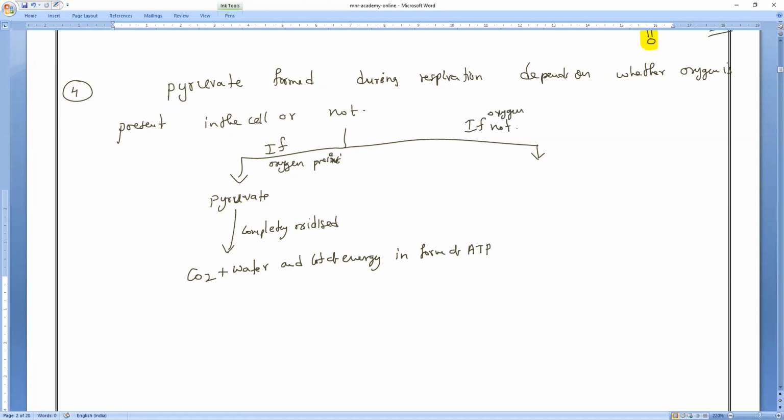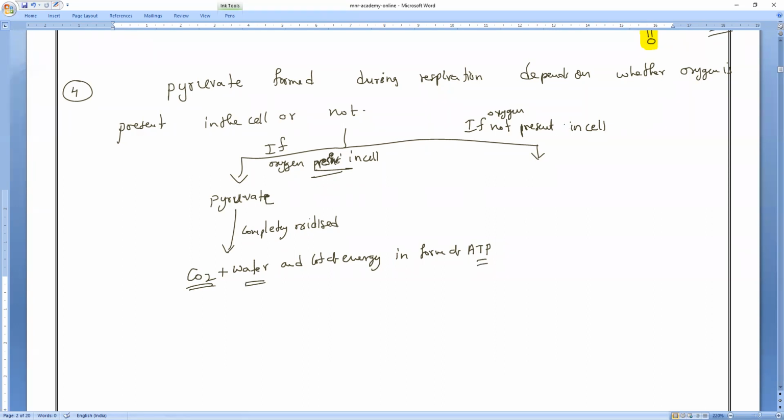Now, if oxygen is not present in the cell, please remember that. If oxygen is present in the cell, how will pyruvate form? It is completely oxidized, forming carbon dioxide and water plus a lot of energy in the form of ATPs.